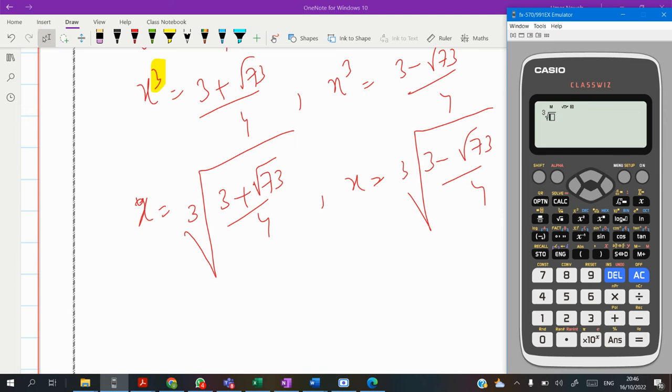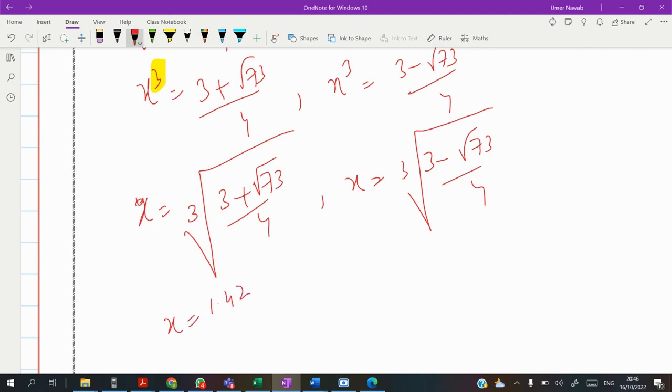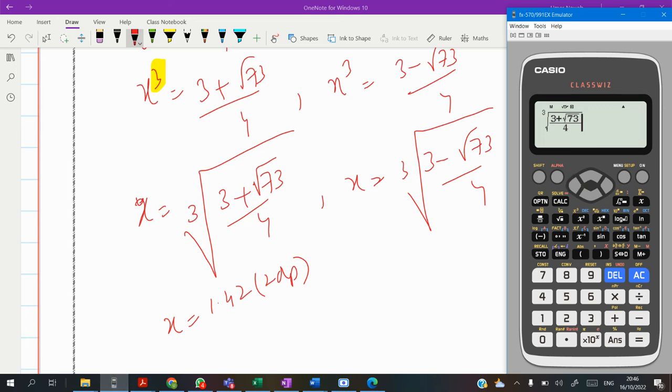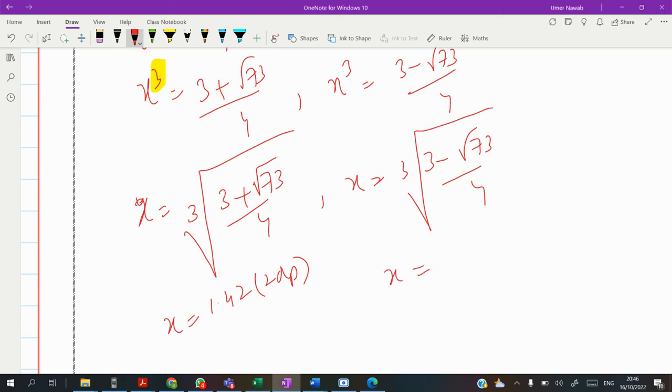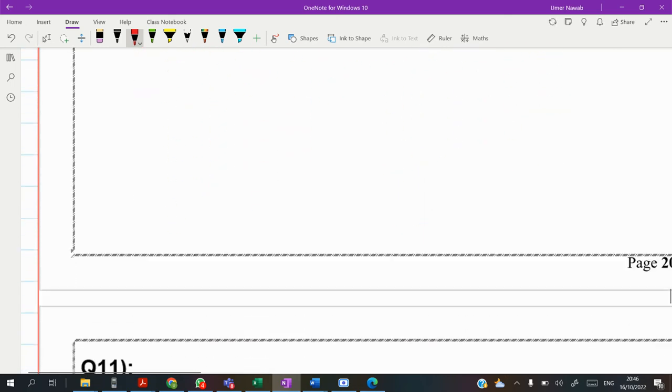Look, I'm going to write cube root and then fraction 3 plus square root of 73 over 4, and get my answer in 2 decimal places. So 1.42 is my answer, 1.42 to 2 decimal places. Same thing, guys. Replace the plus sign with the minus sign and check the answer: minus 1.11, to 2 decimal places.